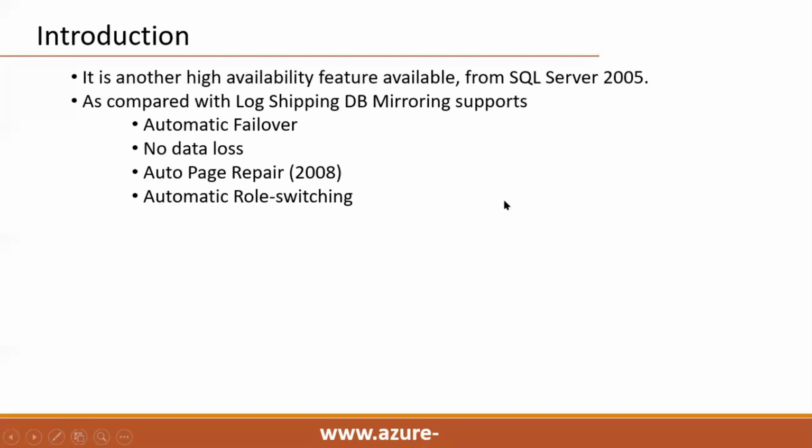Just remember, by clicking one button, we can make principal the mirror and mirror the principal, which is generally useful while applying patches. Tomorrow if you want to apply service packs or hot fixes, first we apply them to the mirror.